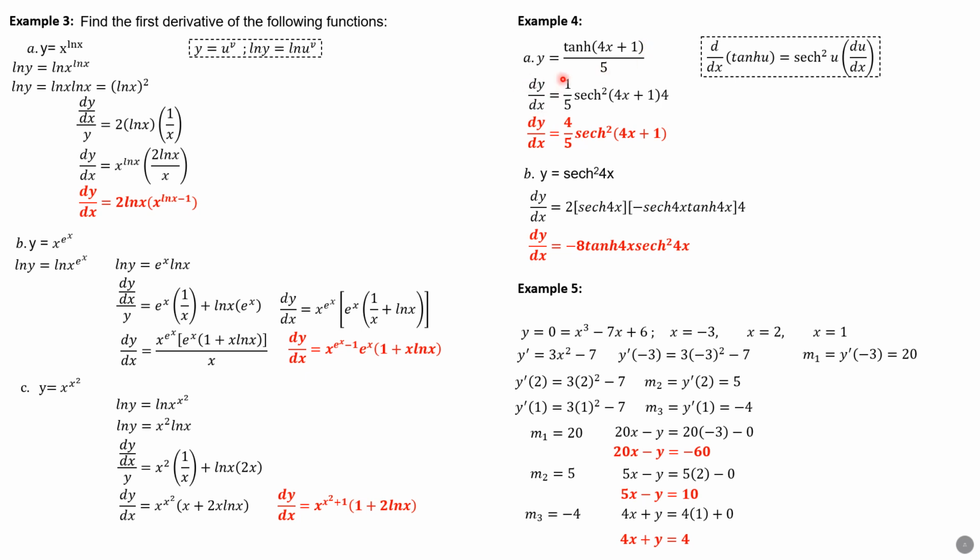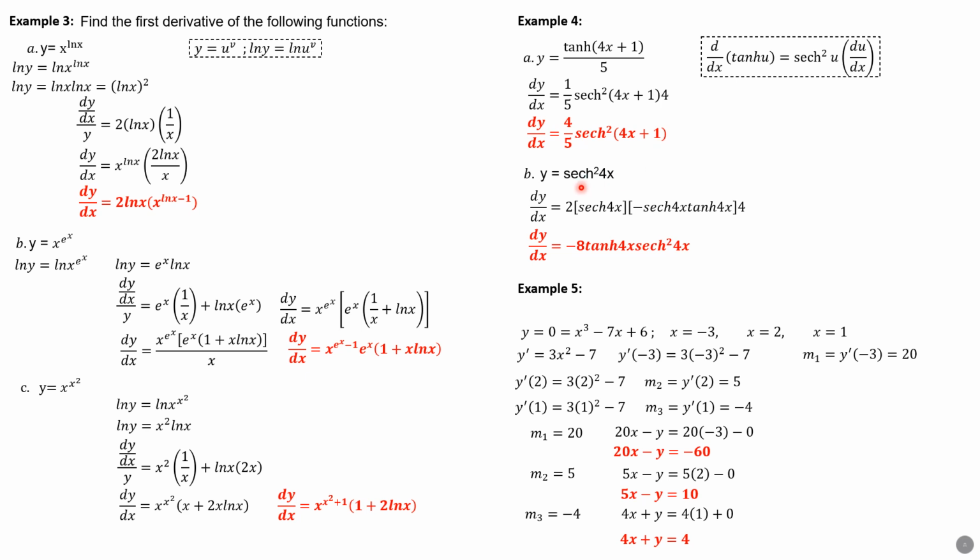So dy dx is constant, 1/5. Derivative of tangent hyperbolic u is secant hyperbolic squared of u, which is 4x plus 1, times the derivative of u, or derivative of 4x plus 1 with respect to x, which is 4. Simplifying, we have 4/5 secant hyperbolic squared of 4x plus 1.